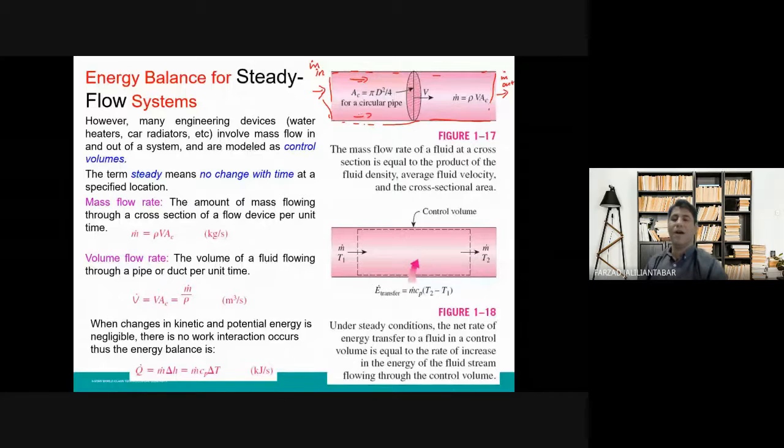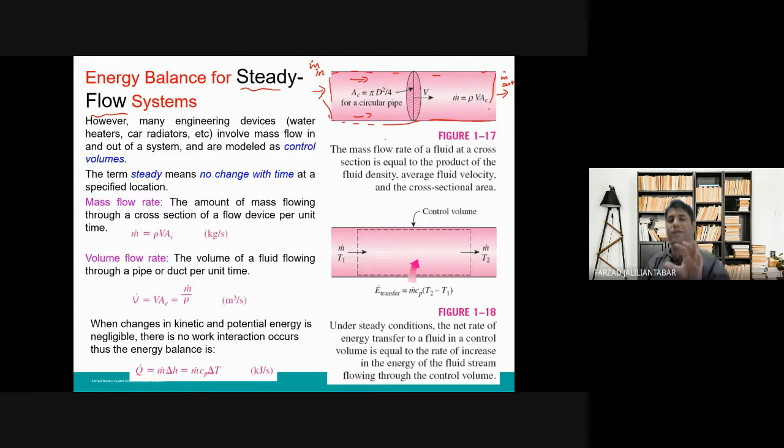This will make the calculation much simpler compared to a non-steady flow system. A non-steady flow system is much more complicated to calculate. But fortunately, for most of the systems which we have, for example a heat exchanger and many other examples, the system is a steady flow system.